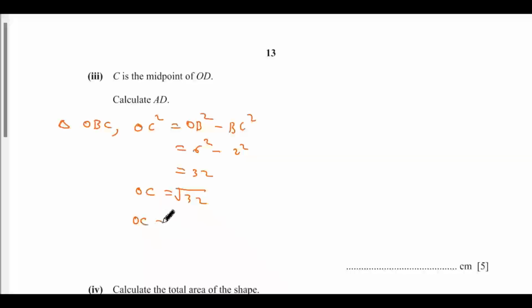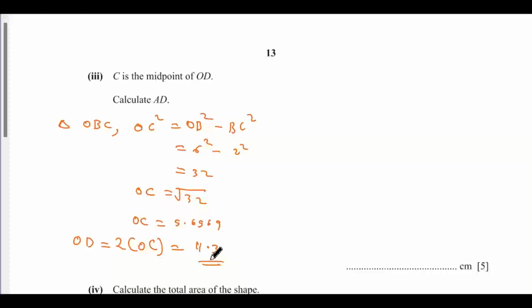Then OC is equal to 5.6569. So OD will be equal to 2 times OC, and that will be equal to 11.3 if you do that.